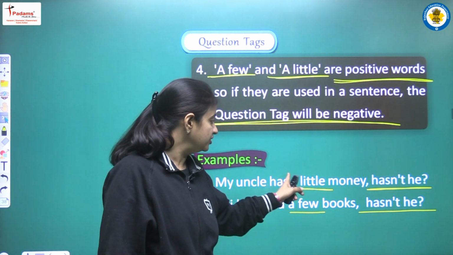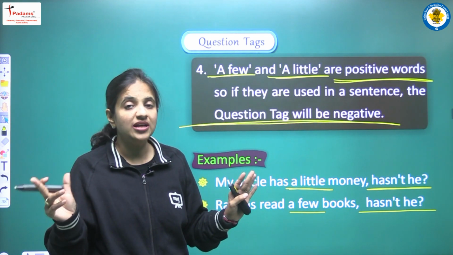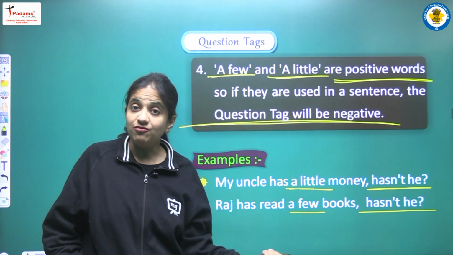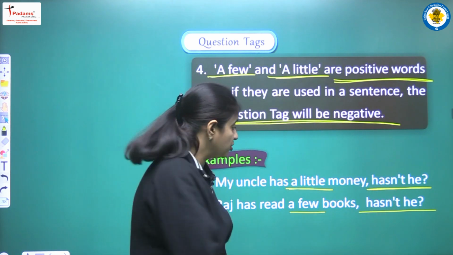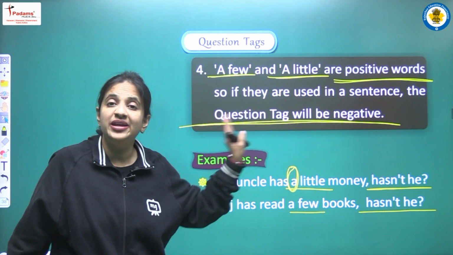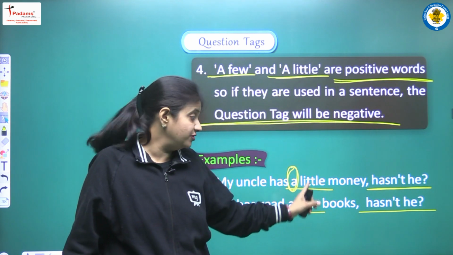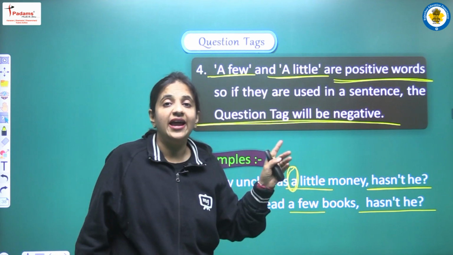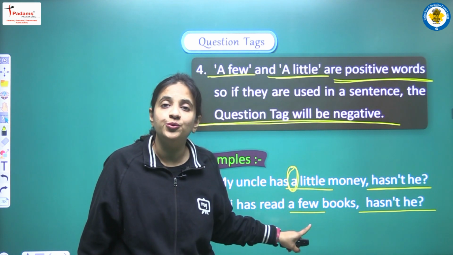Then because of this thing that we are having little, the sentence will be a negative one. So at that time the tag will be a positive one, then our tag will be has he. But because of this word, the entire meaning, or we can say the question tag, also changes because "a" added positive meaning to this little and to this few.